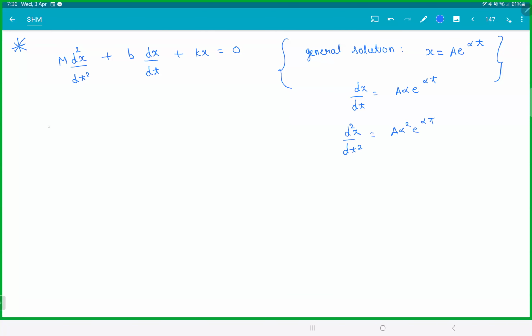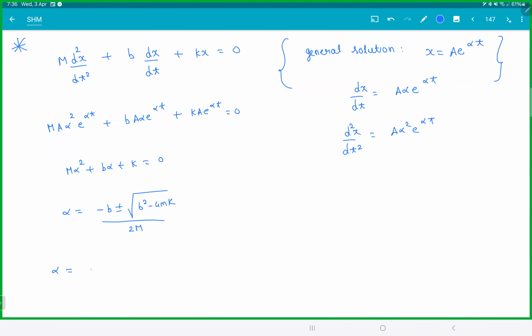If you dump it in this, you end up with m A alpha square e power alpha t plus b A alpha e power alpha t plus k A e power alpha t is equal to 0. We get m alpha square plus b alpha plus k is equal to 0. The roots of this, alpha is minus b plus or minus root over b square minus 4mk, by 2m.